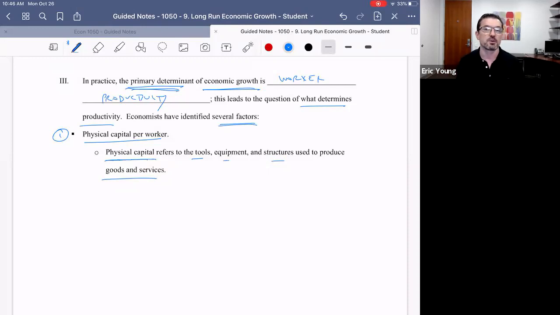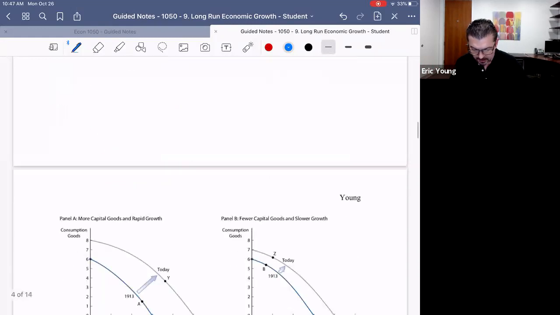So everything from shovels and trucks to advanced factories to Tesla's new battery manufacturing facility to all the robots that help run the line production for the Toyota Camry. All of those things, big and small, simple and advanced, are physical capital, okay?